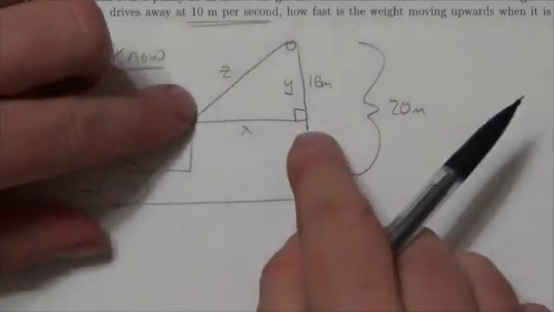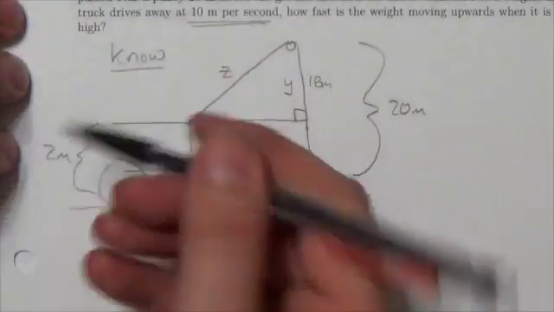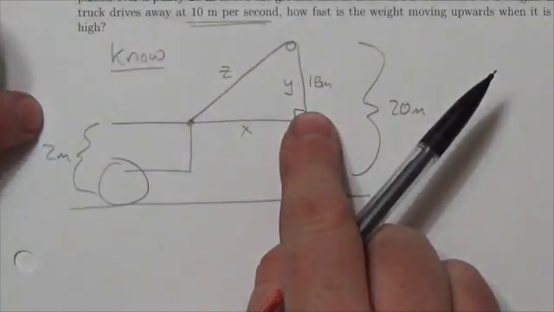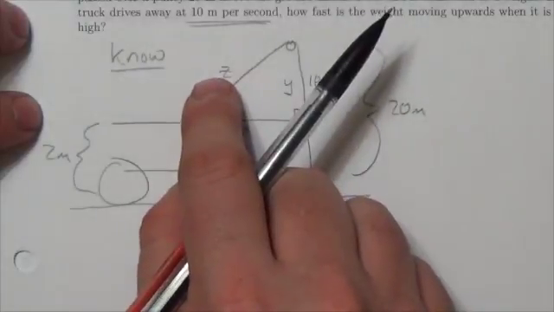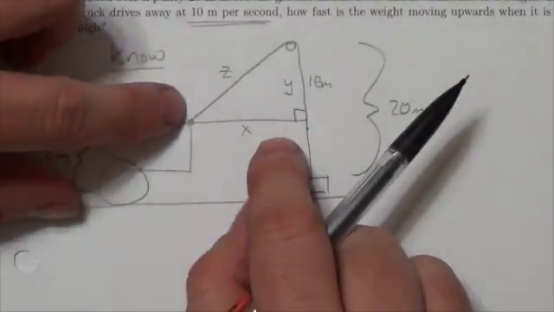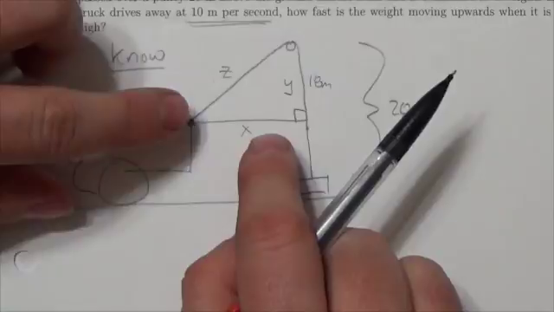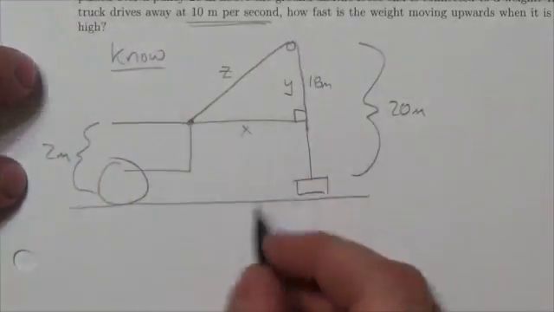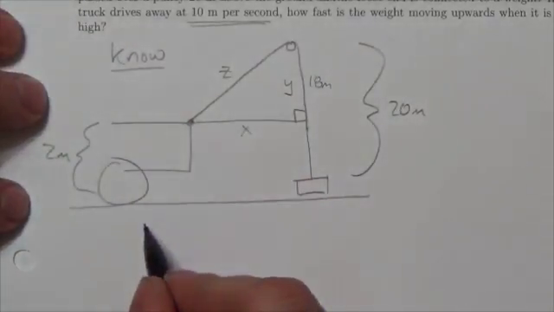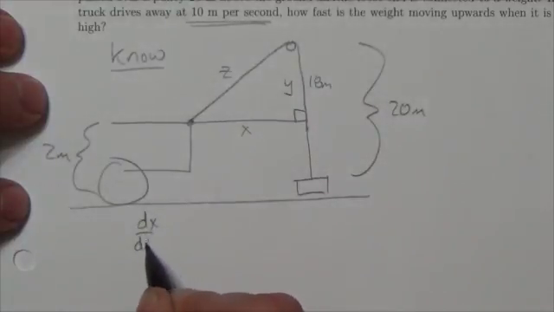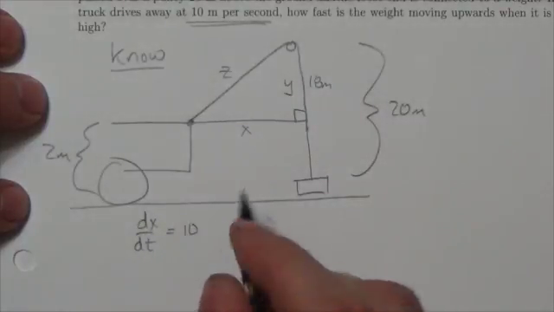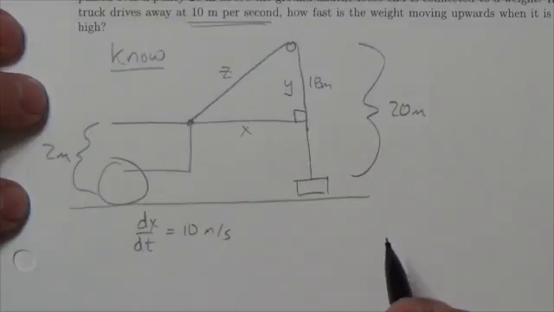I hope it's clear that it's x, because the truck is going to move this way, and x is the one that increases. Granted, z is going to increase as well, but it's going to change directly proportional to the speed of the truck. So dx/dt is going to equal 10 meters per second.